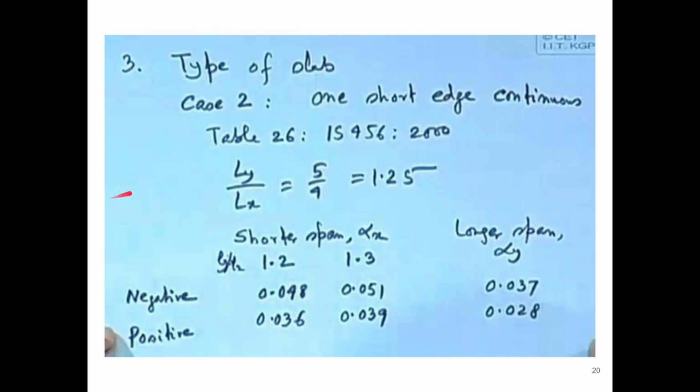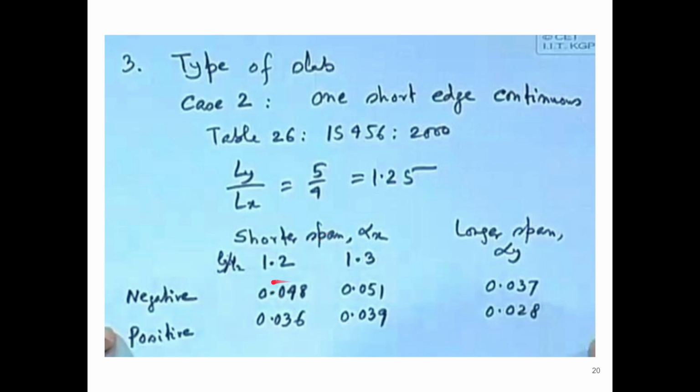So for that condition, and for Ly by Lx value of 1.25, our values for hogging and sagging will be the alpha x values, negative and positive, for shorter span and larger span. For the larger span it will be 0.037 and 0.028.